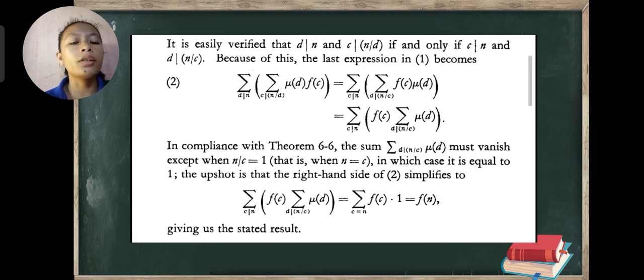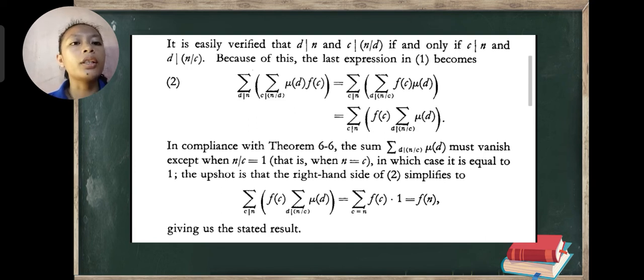In compliance with Theorem 6.6, the sum over d dividing n over c of mu of d must vanish except when n over c is equal to 1, that is when n is equal to c, in which case it is equal to 1.